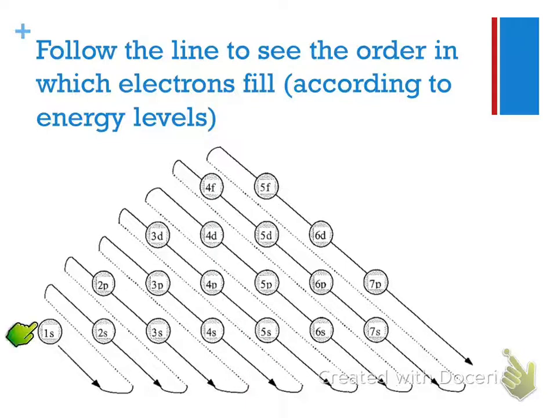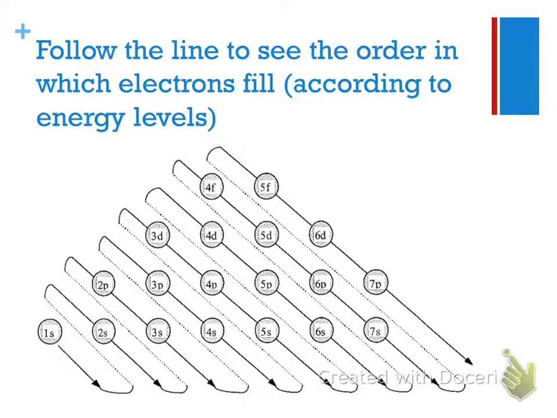So what this tells us is that we need to fill the 1s orbitals, then we fill the 2s, then we fill 2p, then 3s, then 3p, then 4s, then 3d, then 4p. Okay, so all you're doing is following this line. That tells you exactly the order in which these orbitals have to be filled. Okay, so it doesn't go 3s, then 3d, then 3p.